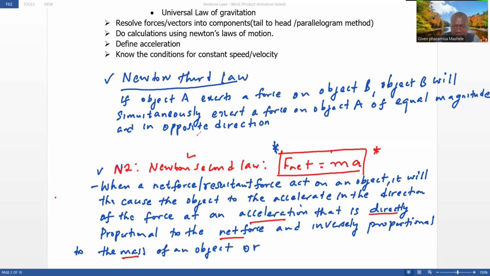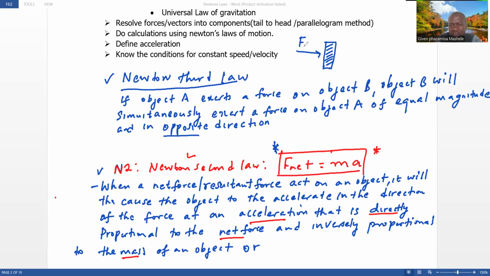This is the action-reaction force. So what does this mean? Imagine this is a wall, and you are applying a force on the wall. So this is the force exerted by you.